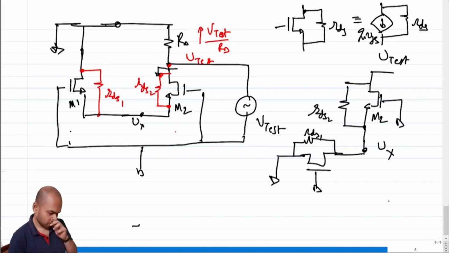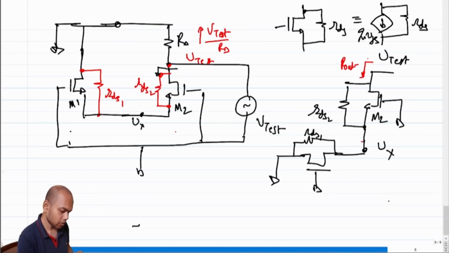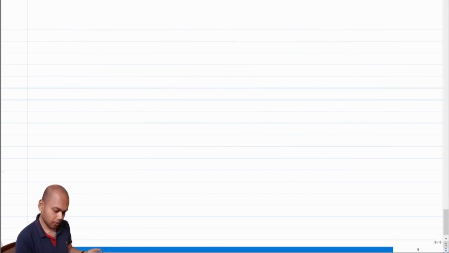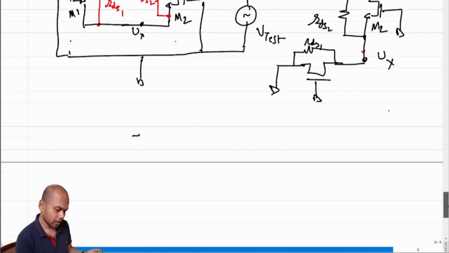So what are we looking for? We are looking for the output resistance looking down, here. Again, this seems to be a complicated structure, so let's simplify it further.